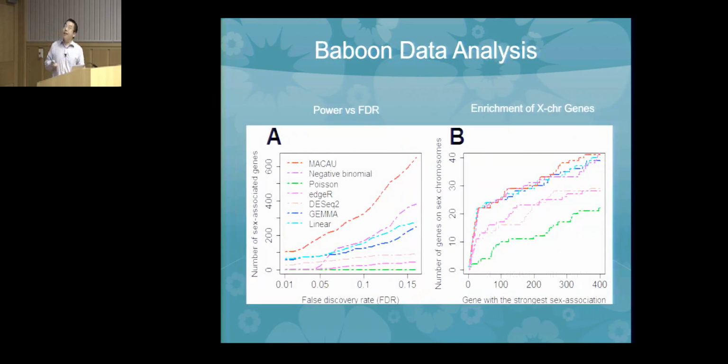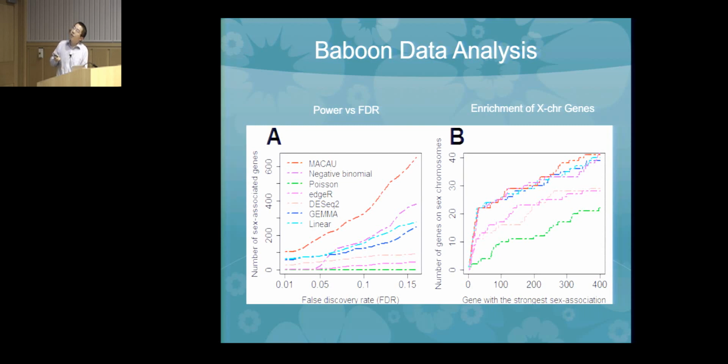So here are the results. On the left side, it shows the power versus false discovery rate across a bunch of different methods. On the right-hand side, I also show the enrichment of X chromosome genes, as an indicator of whether a method works better than the others. In either case, if a method works better than others, then the line should be higher than others. So you can see clearly our method, macro, works better than all the other methods.